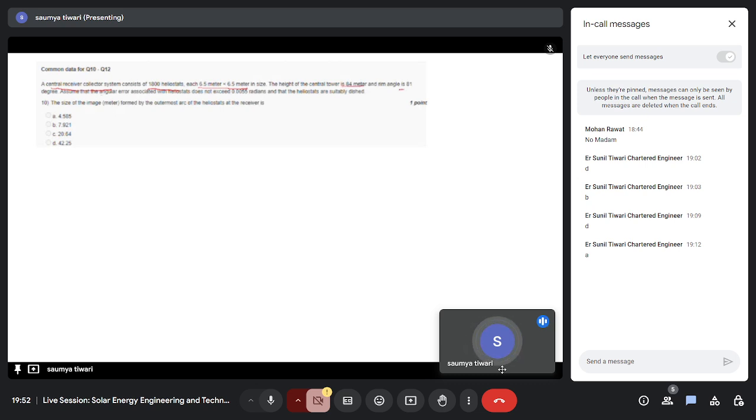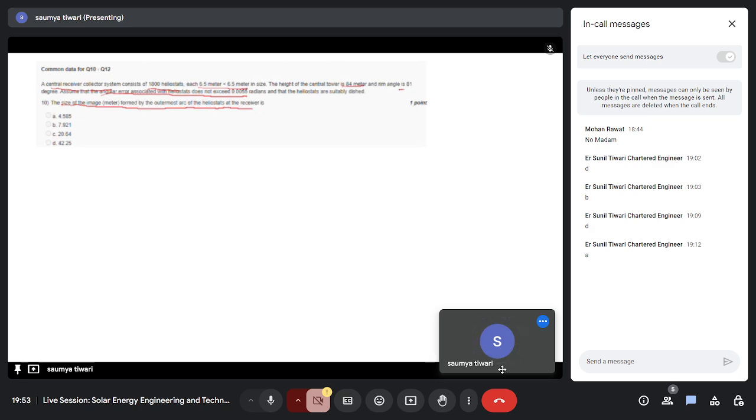Assume that the angular error associated with the heliostat does not exceed 0.0055 radian and the heliostats are suitably dished. What will be the size of image formed by the outermost arc of the heliostat at the receiver? What will be your aperture area, and what will be your concentration ratio? These three we need to calculate.